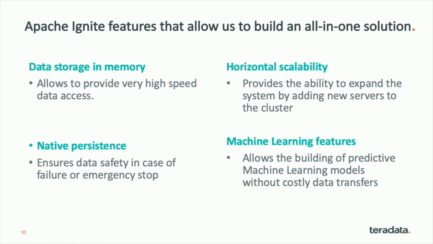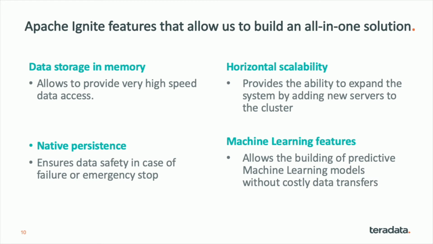It's impossible in our case, and native persistence helps us to save our data. If something goes wrong and the system crashes, data from memory disappears, but we can upload it from our disk again, restart our system and go on.